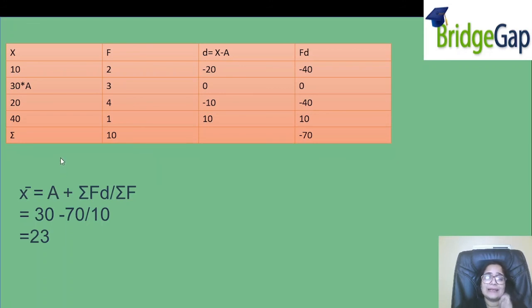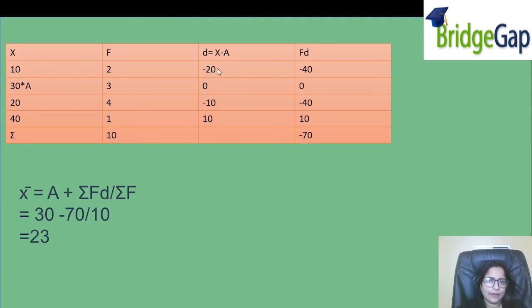What is d? d is equal to x minus a, so x minus the assumed mean, not assumed mean minus x. So it will be 10 minus 30, which gives minus 20, then 30 minus 30, 0, then 20 minus 30 again gives minus 10, and then 40 minus 30 gives 10.